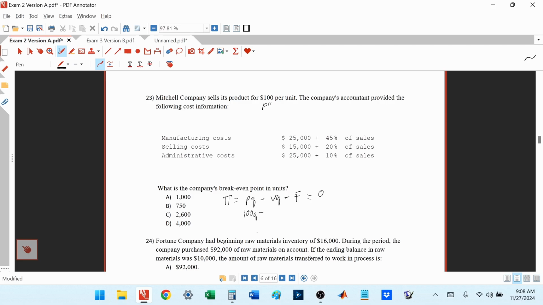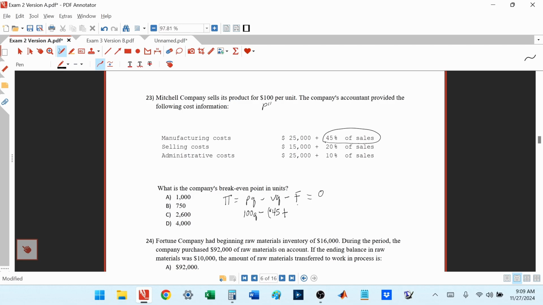And our V, well, let's see here. Our variable manufacturing costs are 45% of sales. So 45% of 100 is 45. So our variable manufacturing cost per unit is 45. Our variable selling cost per unit, 20% of sales.